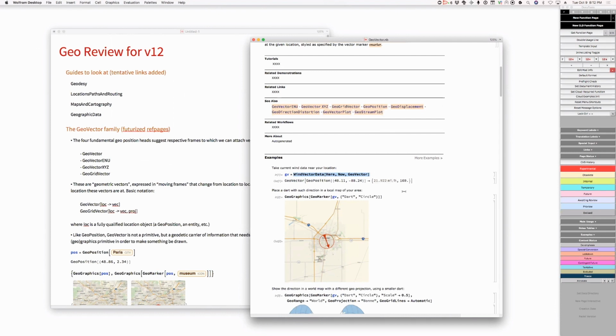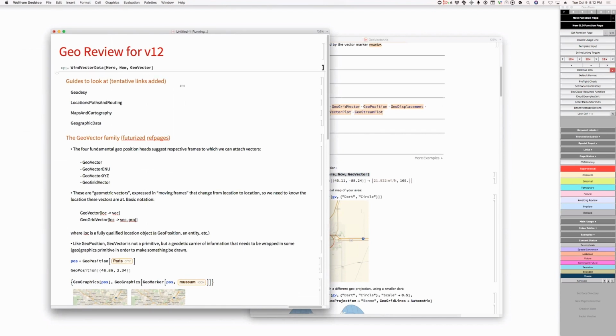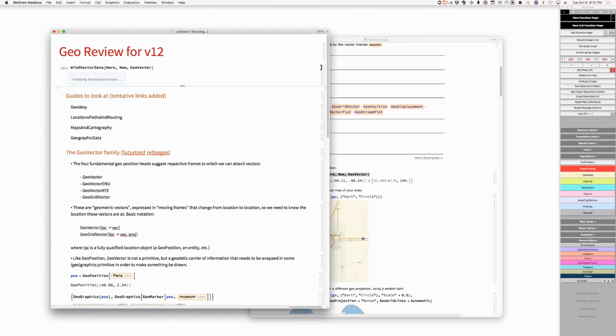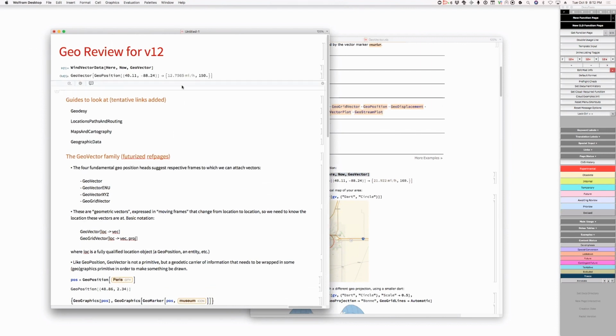That's a bearing in degrees? Exactly, yes. I can make it return in degrees. It's just that sometimes... You mean in degree units? Because otherwise it wouldn't be compatible. Right. Okay.